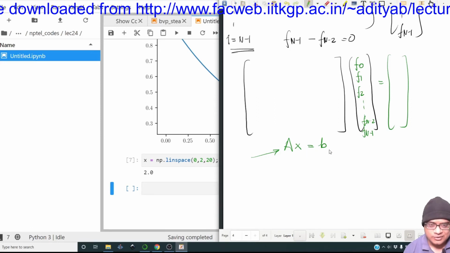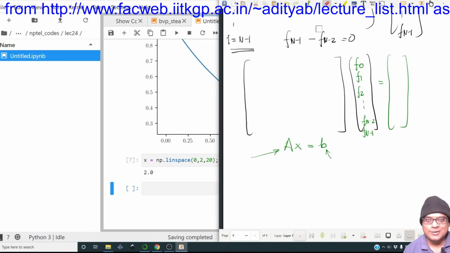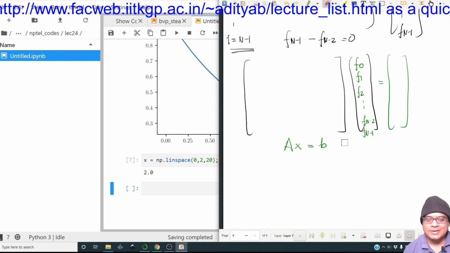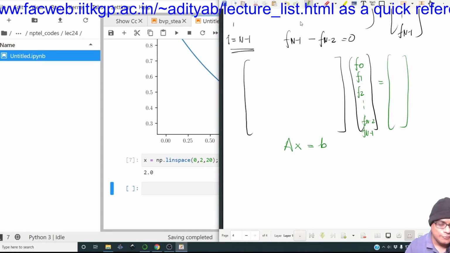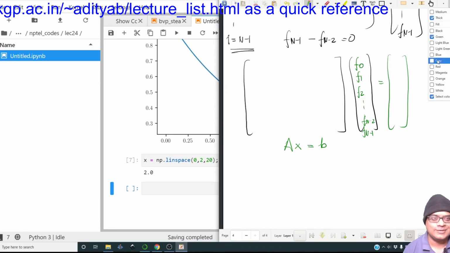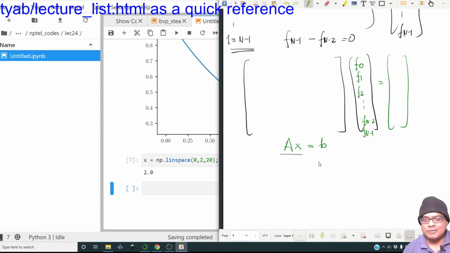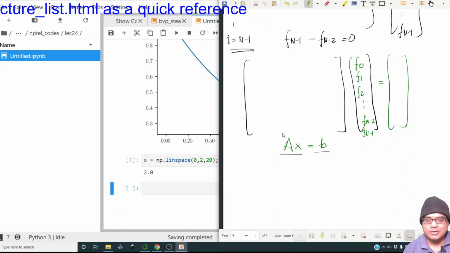B is the right hand side. Okay, let's not allude to that nomenclature now. We simply obtain this set of equations, Ax equal to b. I've forgotten most of structural mechanics, but yes, you do get an equation of this particular form there as well. So this is a matrix, this is a vector, and this is a vector.